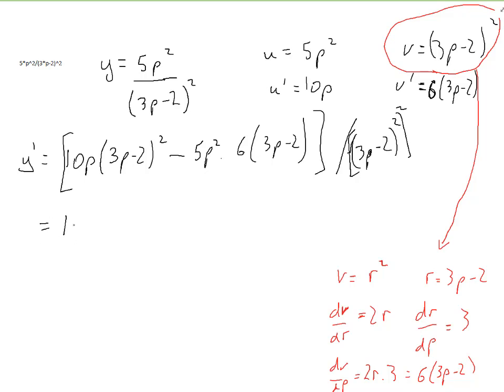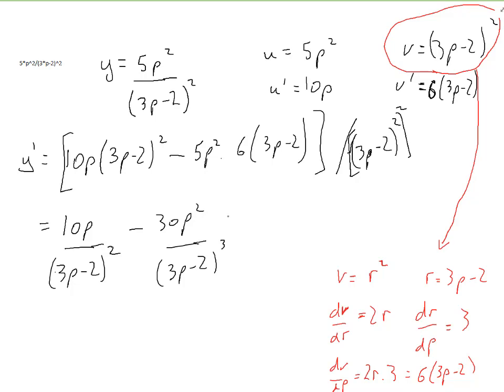So the first term would look something like 10p divided by (3p minus 2) just squared, because here you have the power 4, you have the power 2, so it cancels out like that. Minus, and then you have 30p squared divided by (3p minus 2) to the power 3, because there's only one there to cancel out.